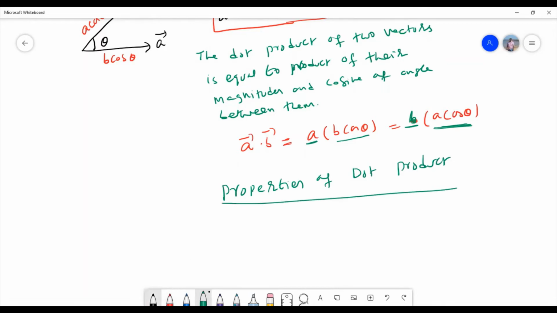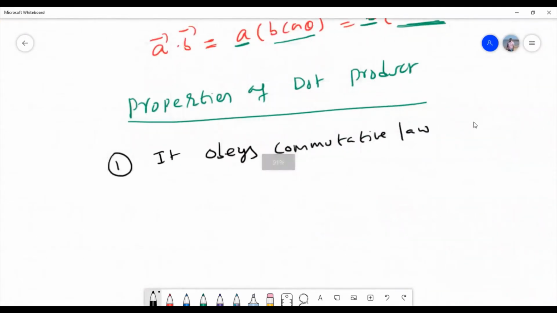In that, the first property is it obeys commutative law. So what does it mean? What is commutative law here? A bar dot B bar is same as B bar dot A bar.